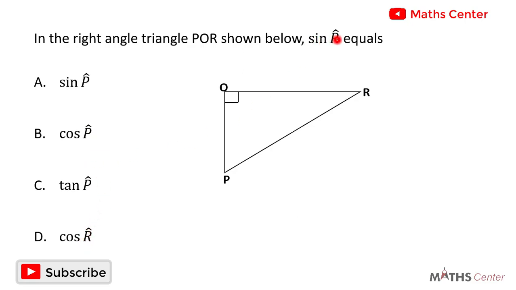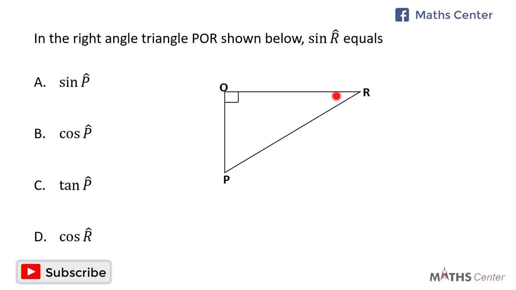So let's first find sine R. We have R here. Considering this right angle triangle, PR is the hypotenuse because it is the longest side, and also it is the side facing the 90 degrees angle. Considering angle R, the side OP is opposite and the side OR is adjacent.